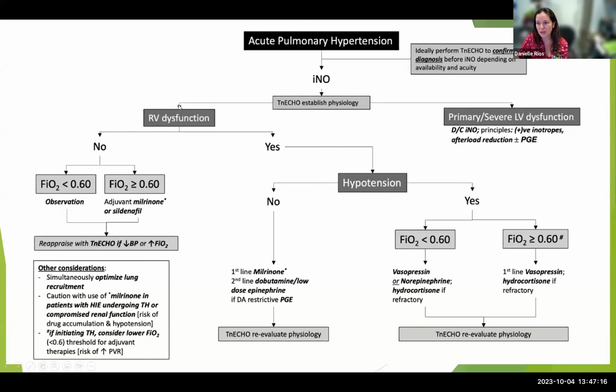And then go down: do you have RV dysfunction? Yes or no. Do you have hypotension? Yes or no. And kind of go based on the clinical scenario and what you're finding on your echo as well.